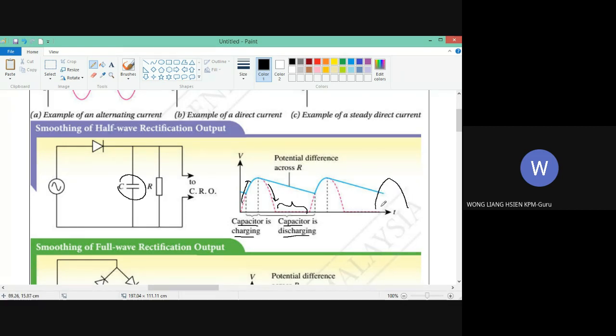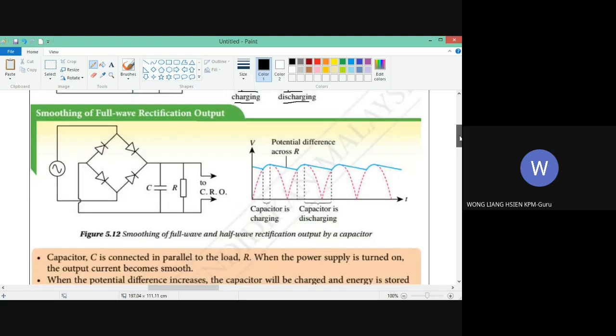You see or not? So this is much better. This is better than without the capacitor. So this is smoother. Okay, there is a smoothing effect. But of course, because this is half-wave rectification, even with the capacitor it is not very smooth. So we look at full wave rectification.